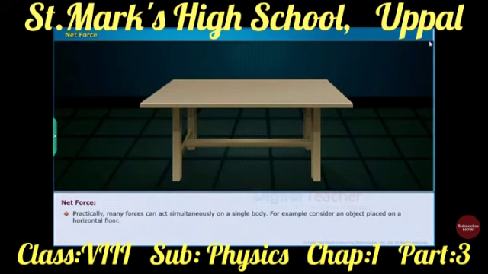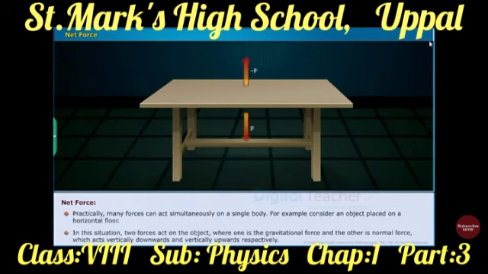Practically, many forces can act simultaneously on a single body. For example, consider an object placed on a horizontal floor. In this situation, two forces act on the object, where one is the gravitational force and the other is the normal force, which act vertically downwards and vertically upwards respectively.